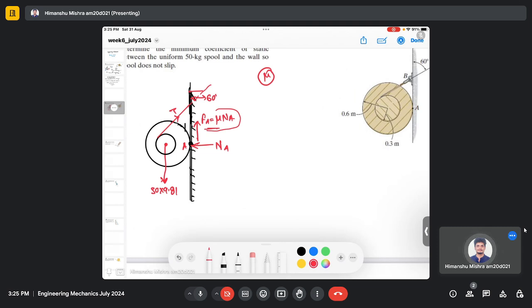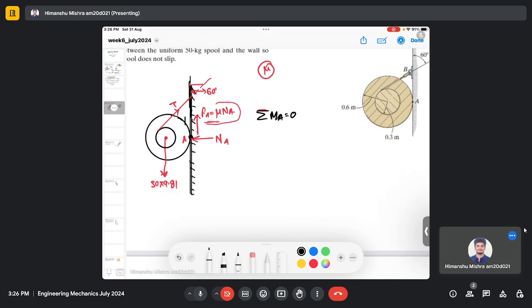So if I take the moment about point A, then let me first define the distances.